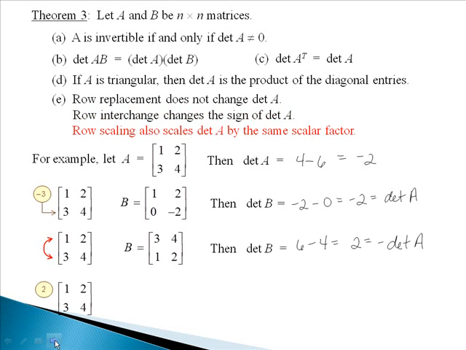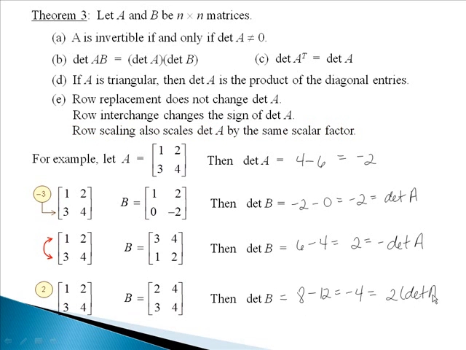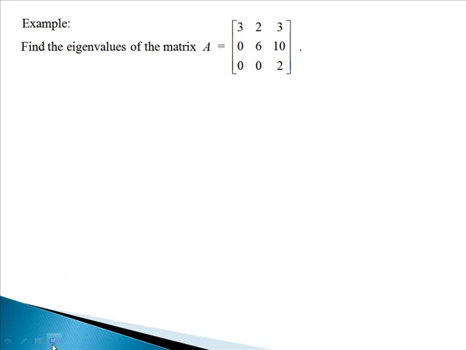If I multiply the first row of our matrix by 2, we get this matrix B here. So the determinant of B would be equal to 8 minus 12, which is negative 4. And that is 2 times the determinant of A. So this was just a quick review of what we learned about determinants in Chapter 3.